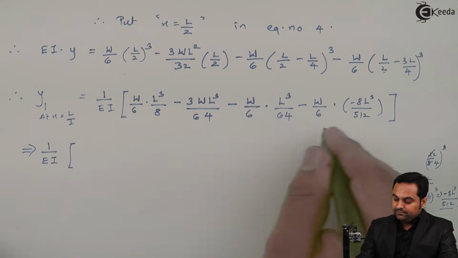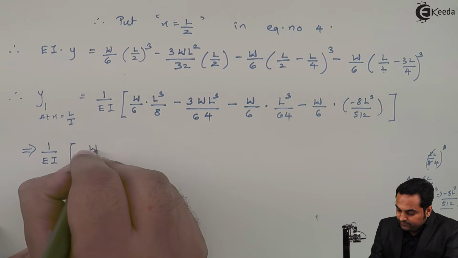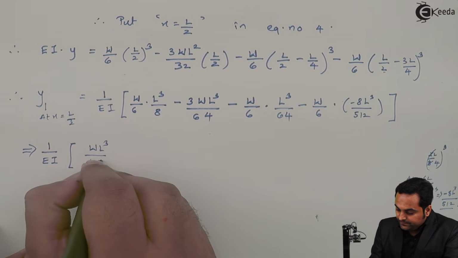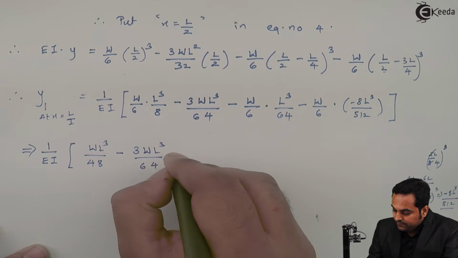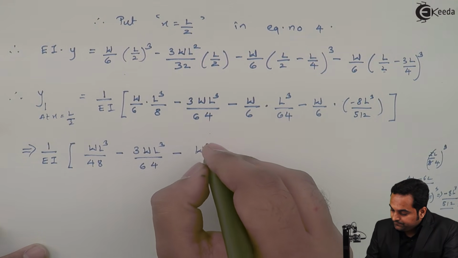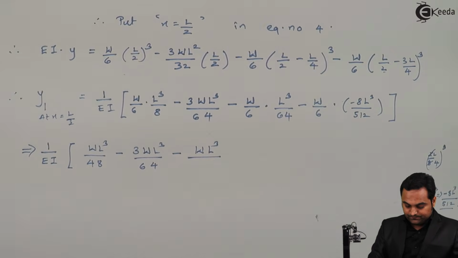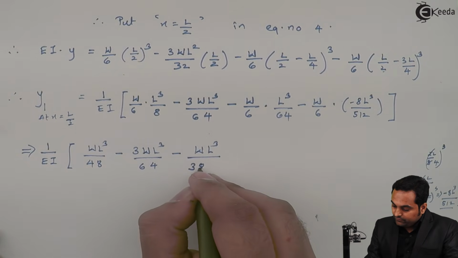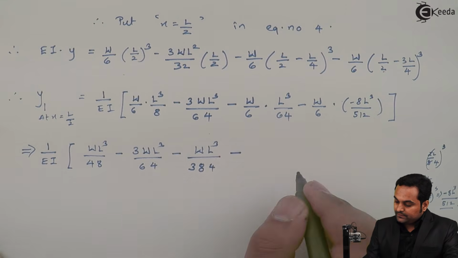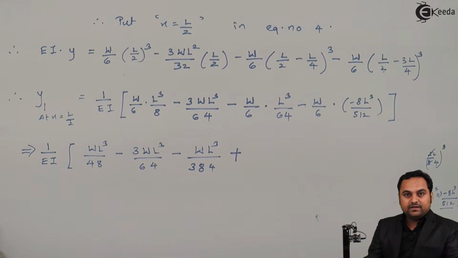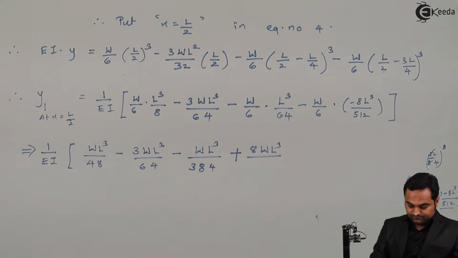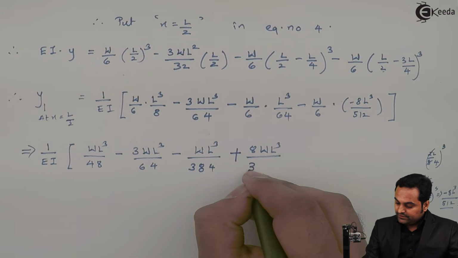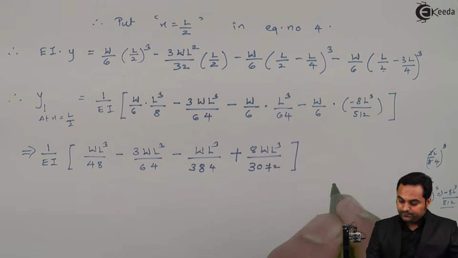Now if I go on simplifying this, here we will have WL cube by 48 minus 3WL cube by 64 minus WL cube upon 384, minus into minus, that will be plus 8WL cube upon 512 into 6, that is 3072.